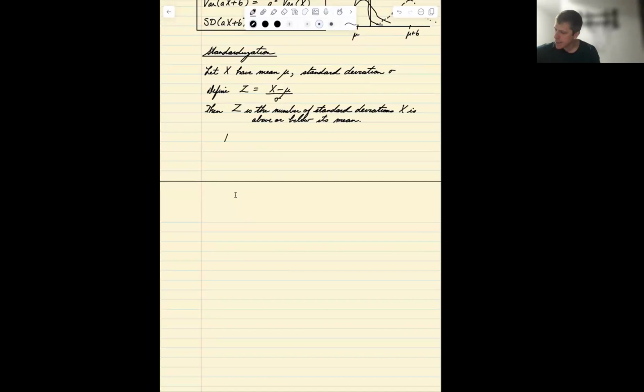And the expectation of Z is 0, and the variance of Z and the standard deviation of Z are both 1.